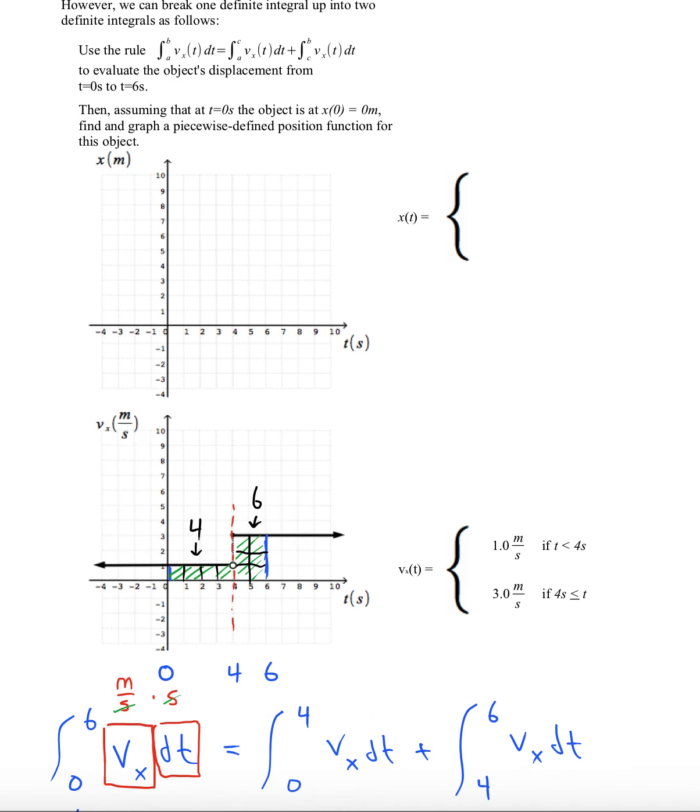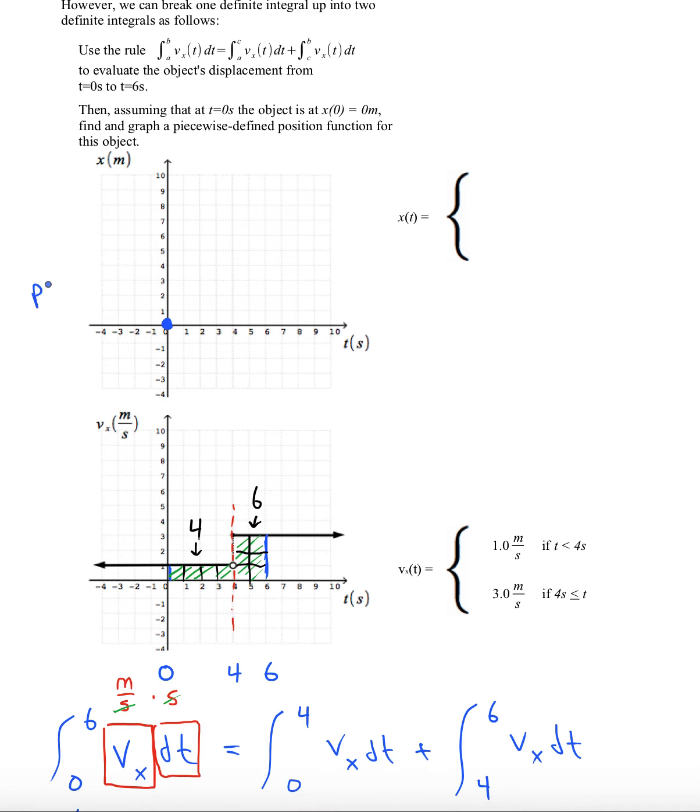Some information about the position is given in the next line. It says that assume at t equals 0, the object is located at an x of 0. So we want our object to start off here.